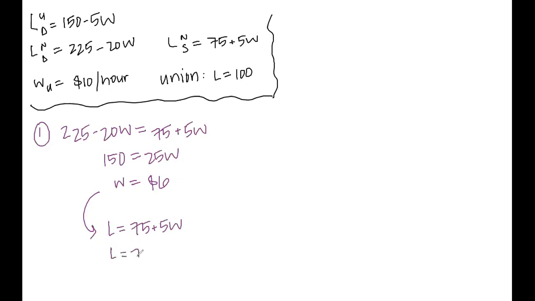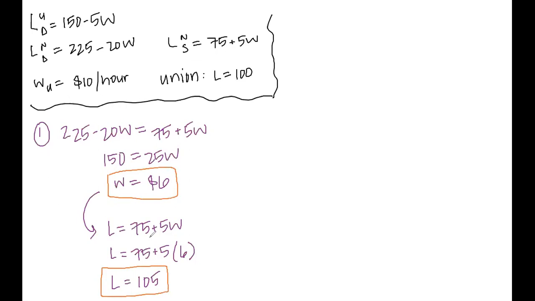We get L equals 75 plus 5 times 6, so that becomes 75 plus 30, and that gives us a labor level of 105. Again, this is just equilibrium, what we've been doing the entire semester, but I solved it out for you guys.